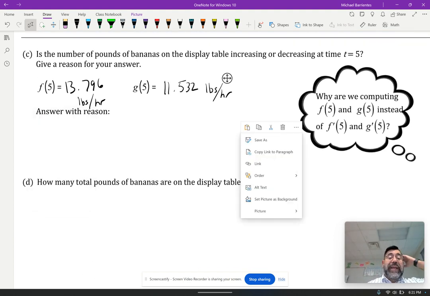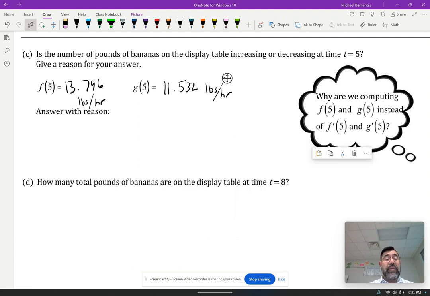So is the number of bananas on the display table increasing or decreasing at time 5? Well, this tells us that they're being removed at a rate of 13.796. This tells me that they're being added at a rate of 11.532. So therefore, are they increasing or decreasing?